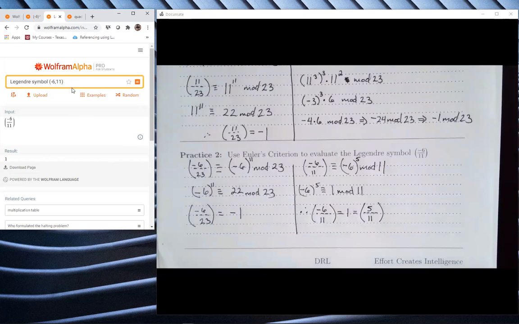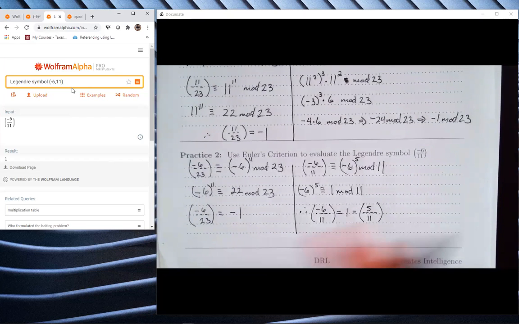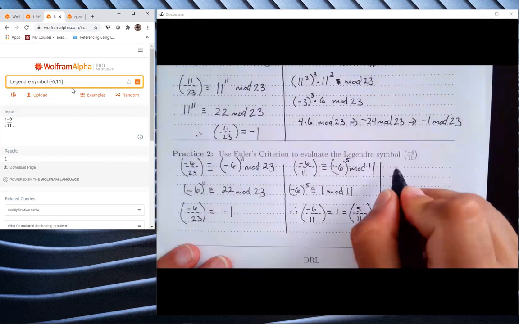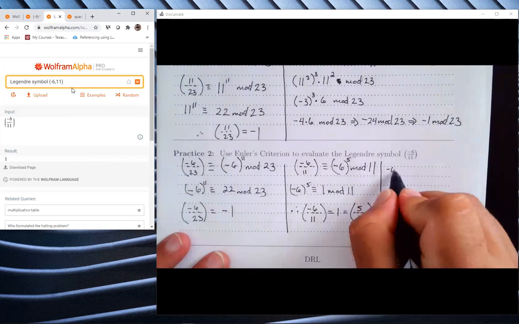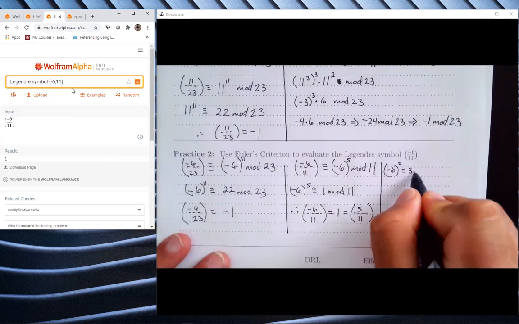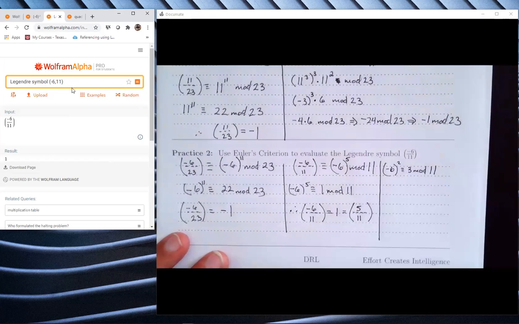Had we needed to do this by hand, I could have said that -6 squared is congruent to 3 modulo 11.